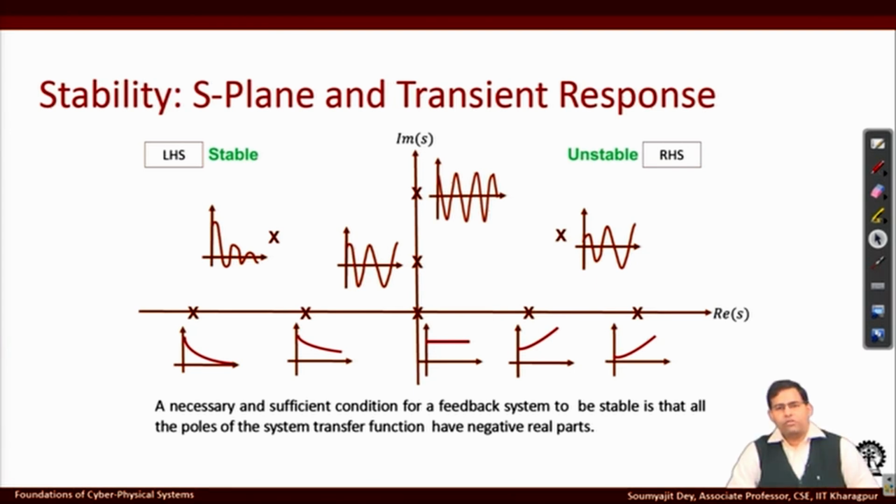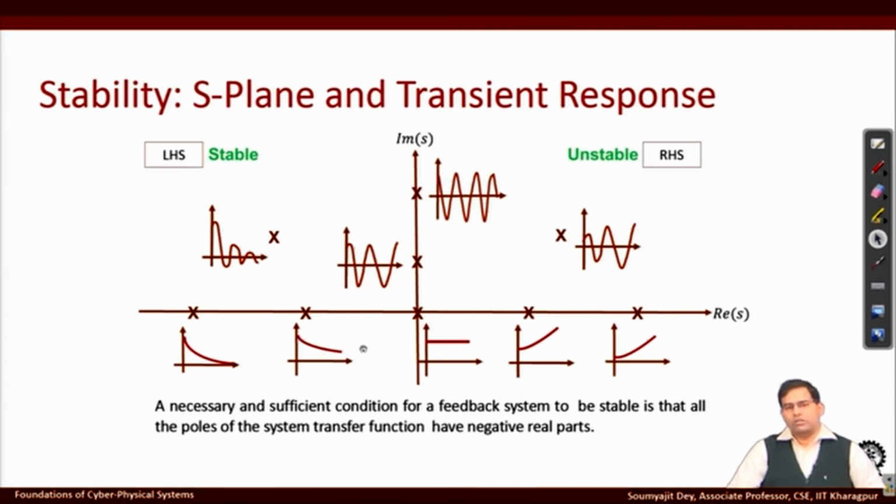This can be observed from our previous analysis and examples also, because whenever all the poles have negative real parts, you have damping on the output, so that even with oscillations or without oscillations, based on the position of the poles with respect to the imaginary part, the damping is ensuring that eventually you are moving towards the reference.